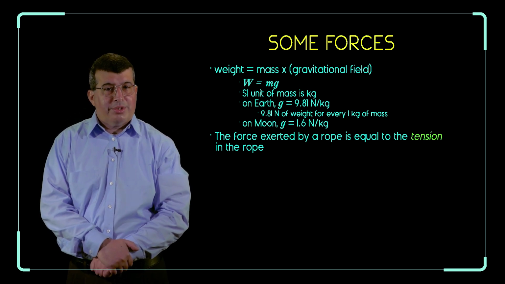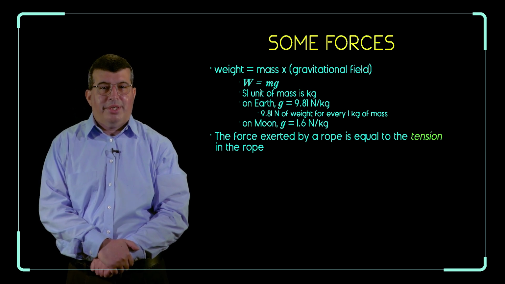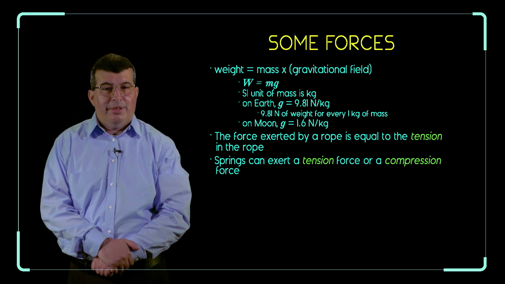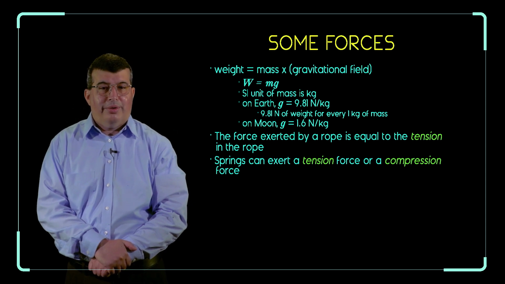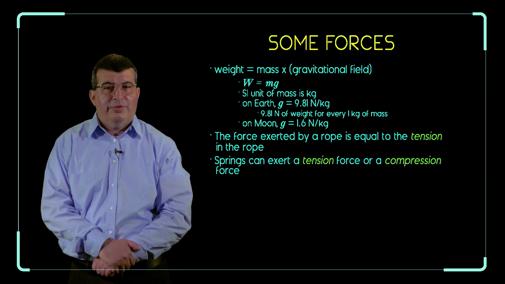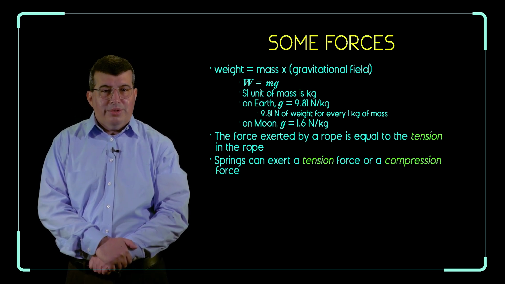Now springs are similar. A spring can also pull on an object with a tension force, or it can exert a compression force, meaning that a spring can push on an object as well. So the tension is the amount of the force, so tension must also have units of newtons, and the same thing for the compression.